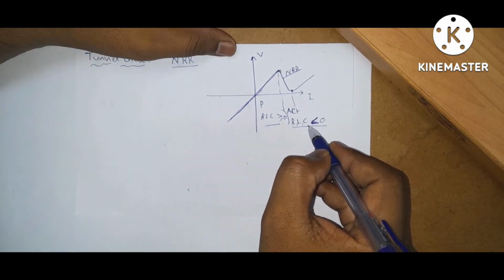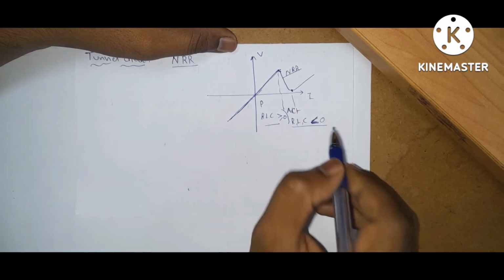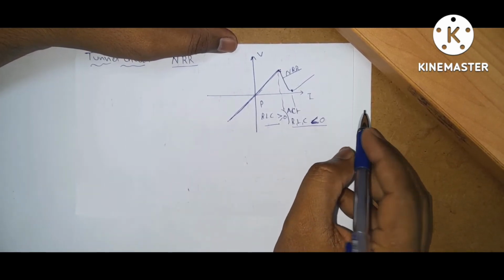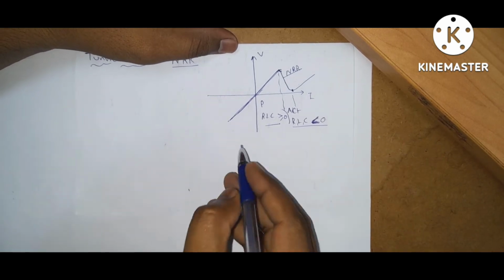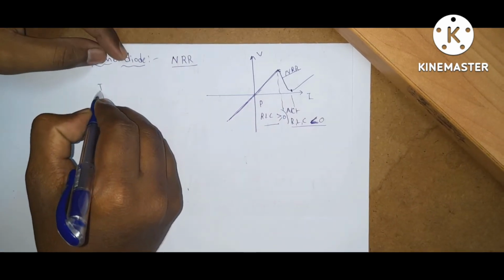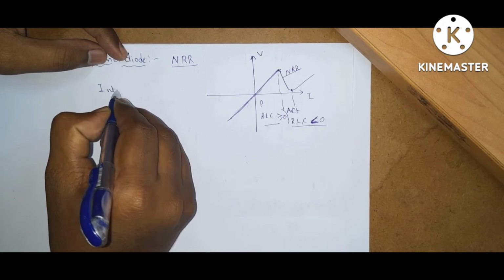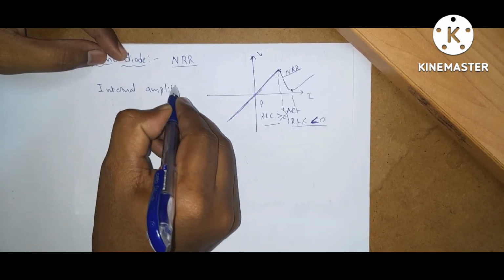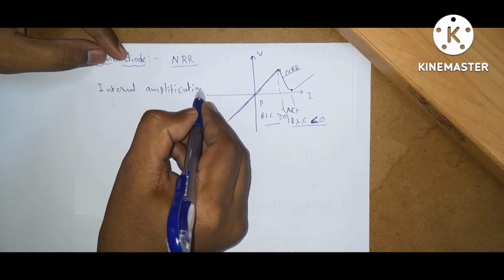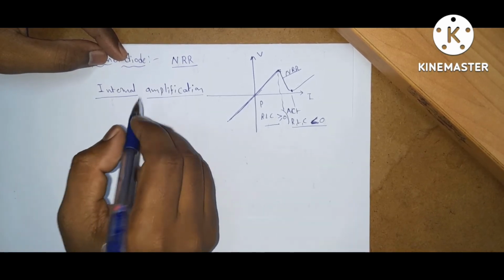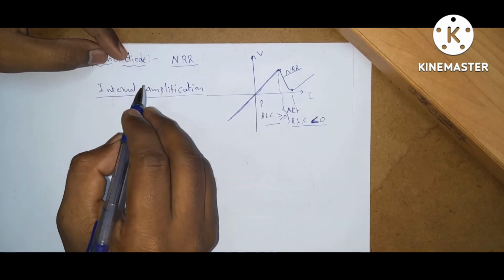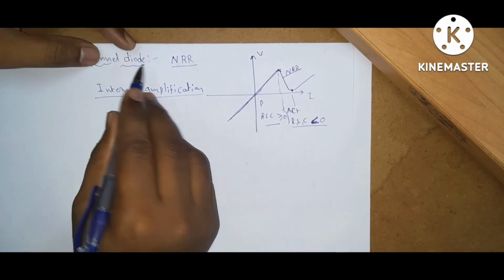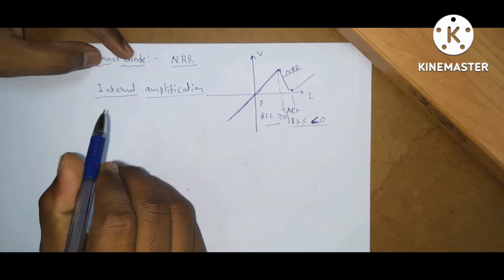In other words, an element is said to be active if it possesses a special property called internal amplification. If any element has the property of internal amplification, then that element is called an active element.